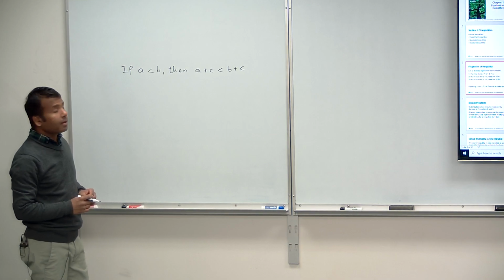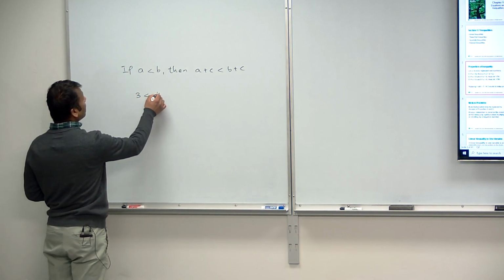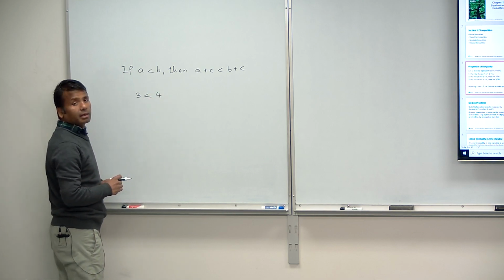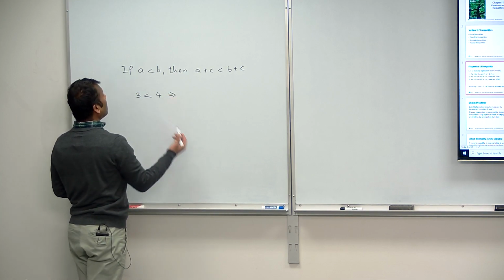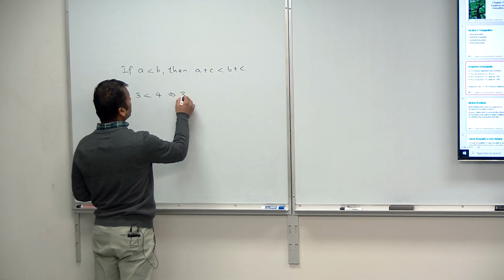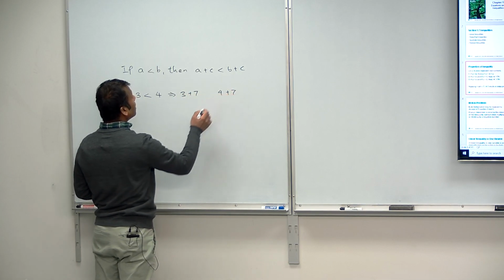Right? Or I can give you an example. Let's say 3 is less than 4. Then you can add a number, let's say 7, on both sides. So 3 plus 7 and 4 plus 7.